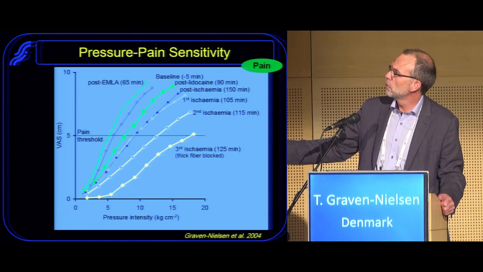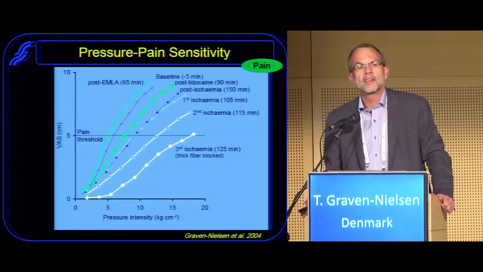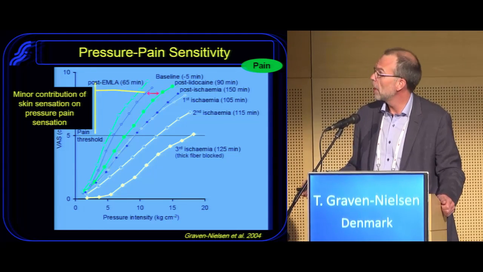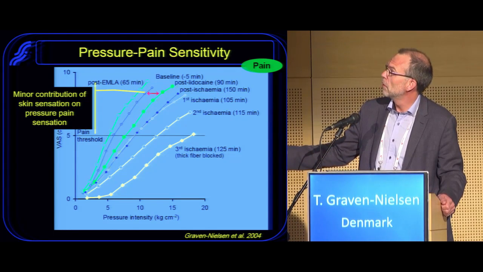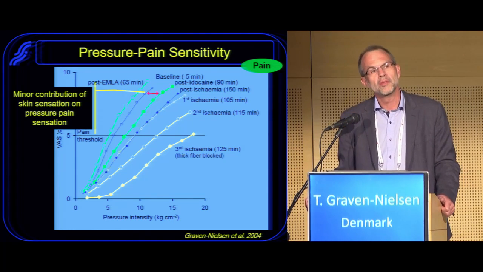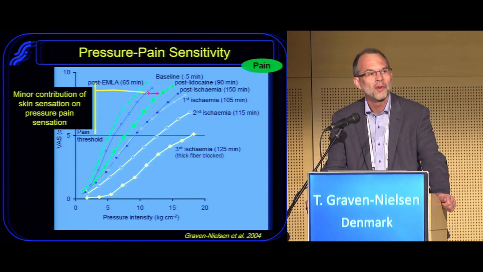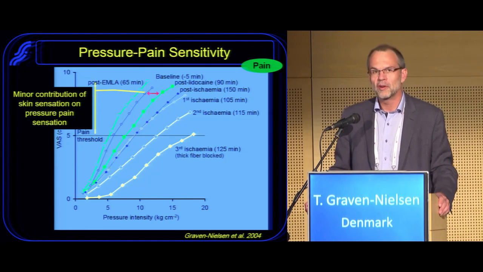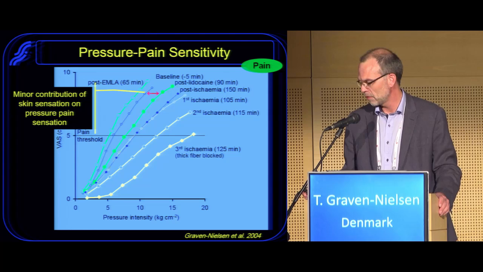Then the first thing we did was that we tried to anesthetize the skin completely. And what you can see here is that we actually had a relatively small right shift of this stimulus response function, meaning that the input from the skin was not very important for the sensitivity to the pressure stimulation.